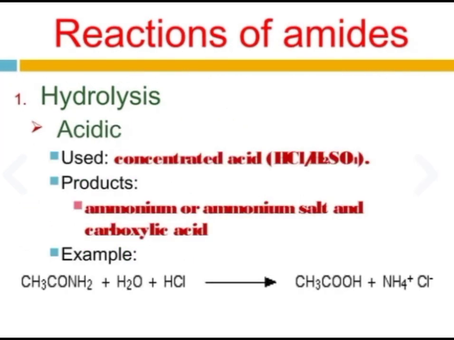Let's start with hydrolysis. Acidic: use concentrated acid, HCl or H2SO4. The products are an ammonium salt and a carboxylic acid. For example, CH3CONH2 + H2O + HCl gives CH3COOH + NH4+ Cl-.